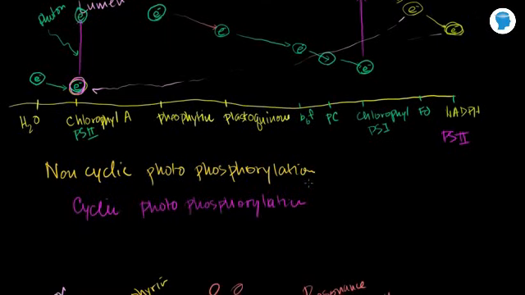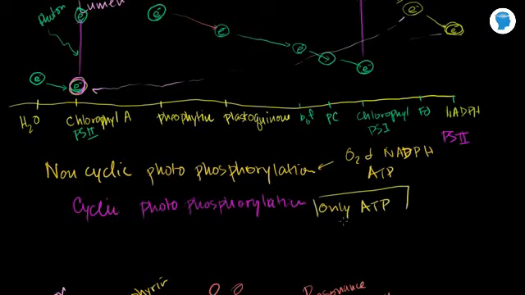So in this situation, this non-cyclic phosphorylation, which is what most people associate with photophosphorylation, this produces O2 and NADPH, and of course it produces ATP. While cyclic phosphorylation, only because it doesn't have to strip electrons off of water, and the electrons don't end up at NADPH, only produces ATP.